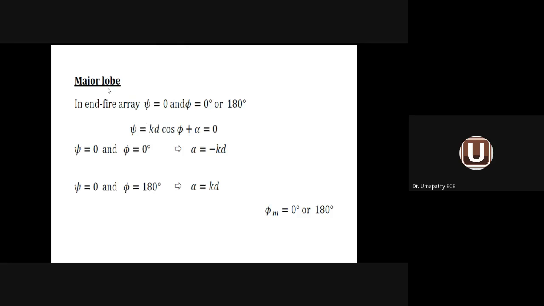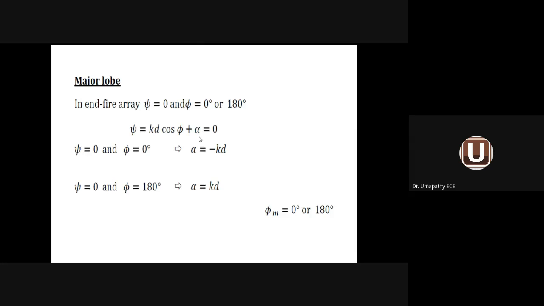So how to calculate major lobe maxima? Psi equal to 0, and we know pi equal to 0 and 180 degrees. We know the maximum points 0 and 180 degrees under case number 2, the 2-element antenna array. So psi equal to KD cos pi plus alpha equal to 0. I am substituting psi equal to 0, pi equal to 0 in the above expression. In the previous case alpha equal to 0.